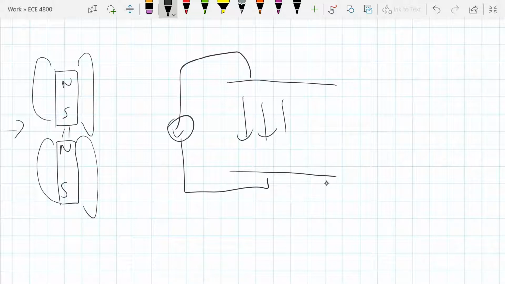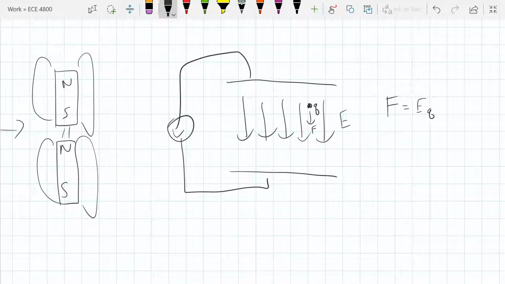So you have an electric field that looks like this, and we can call that E. And if you put a charge Q on here, then the force on that charge, we call this F, that force is equal to E times Q.